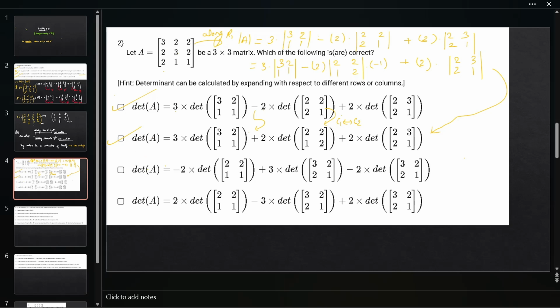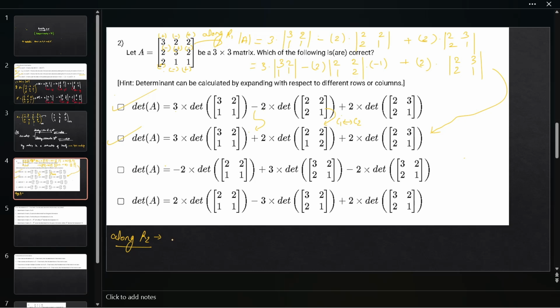Now moving on to option 3. In option 3, it is -2 times some determinant plus 3 times something, and then again -2 times something. Now, if I expand A along a row, we have seen that if we expand along row 2, we use the signs minus, plus, minus, because along row 1 we use plus, minus, plus. So it is basically plus, minus, plus, then minus, plus, minus, and then plus, minus, plus again.